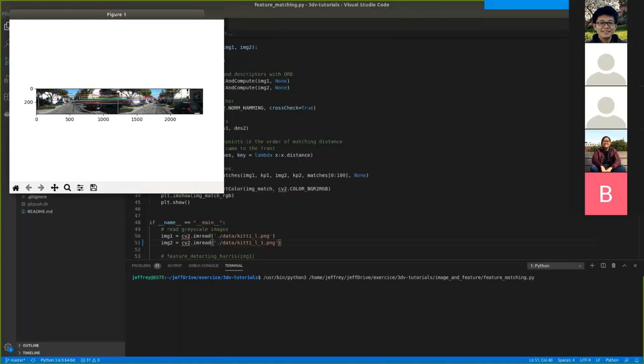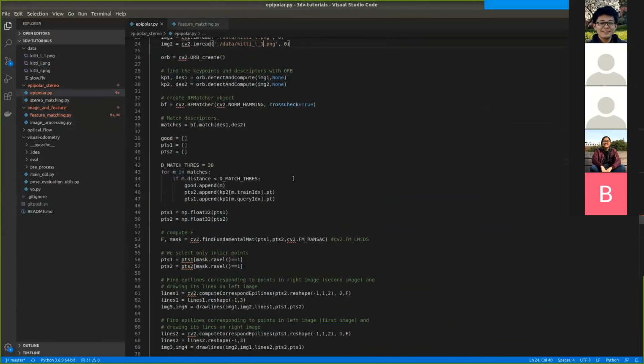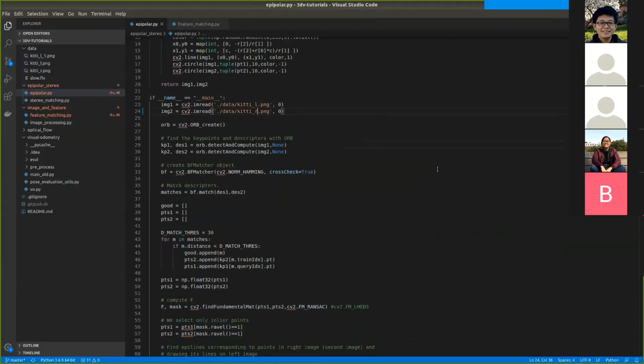Yafei? Yeah. I have a simple question for the epipolar example. If we supply two images from two timestamps, the AR image and AR1 image, we can see all the epipolar lines concentrated at a single point, is it? Yeah, all the epipolar lines intersect.